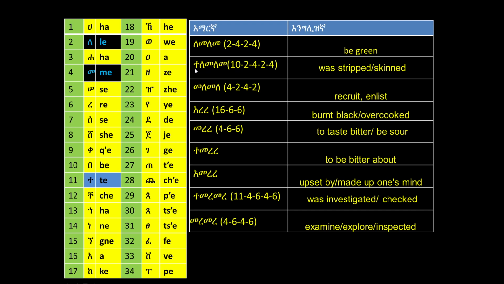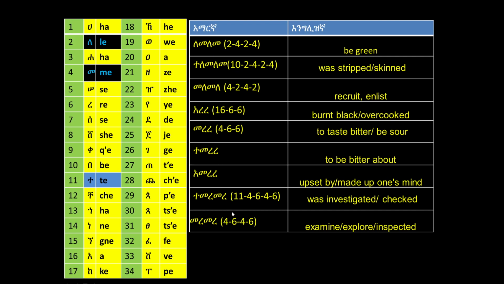ተለመለመ. By adding t, we can make another word. Then by swapping the position of the letters, for example, መለመለ. አረረ.